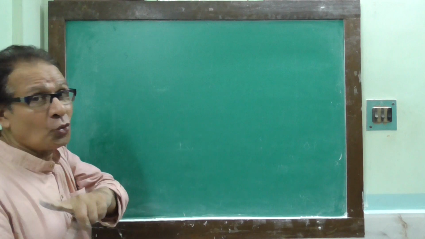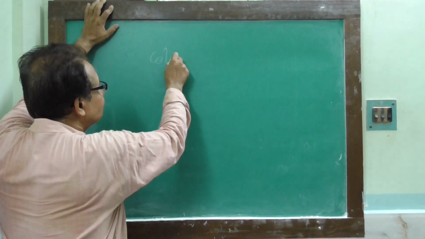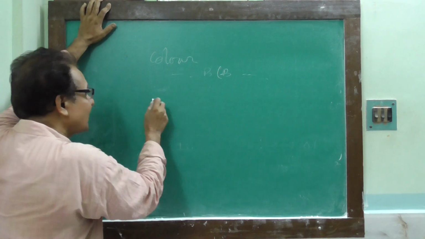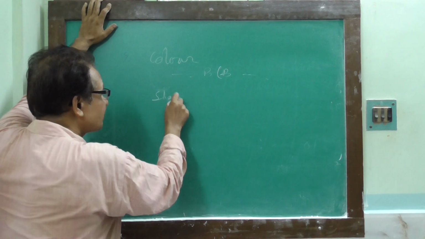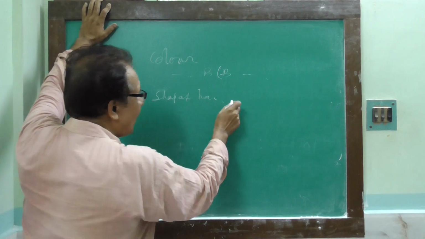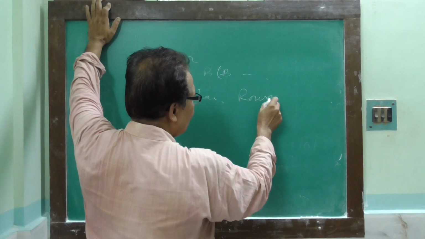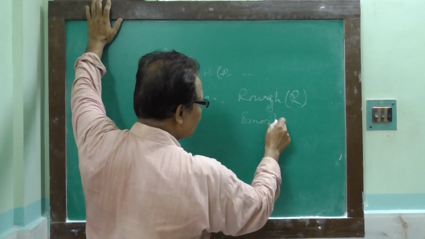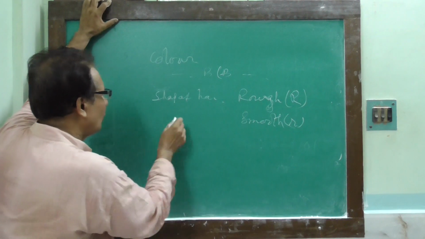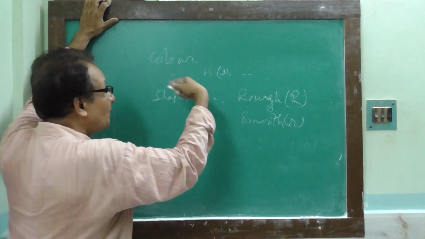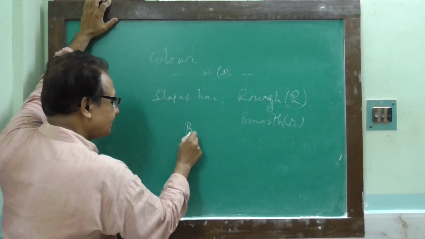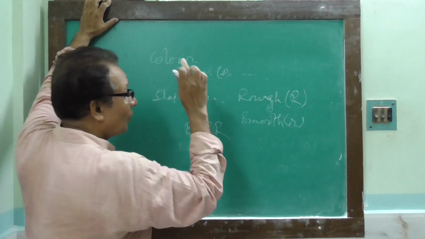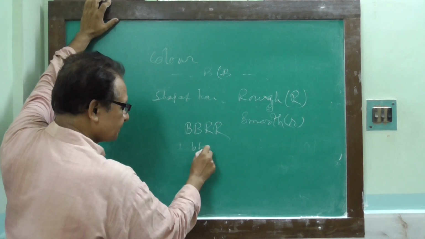Here you take 2 characters, one is the color, contrasting trait black and white, black dominant, and another is the nature or shape of hair, rough, capital R dominant, and smooth, small r. So write the genotype of pure black rough and genotype of pure white smooth.